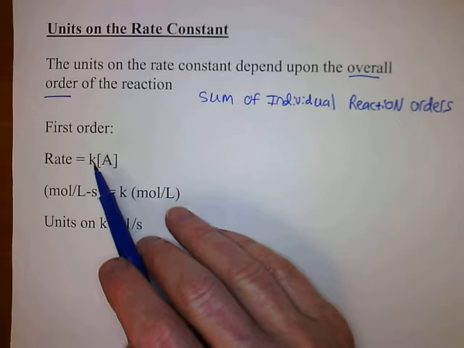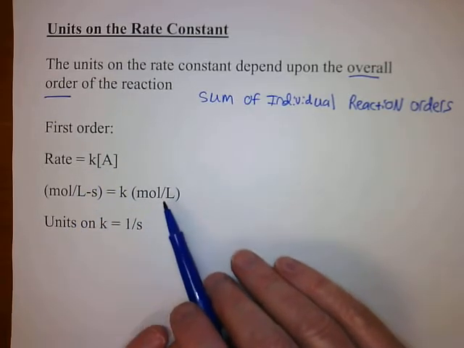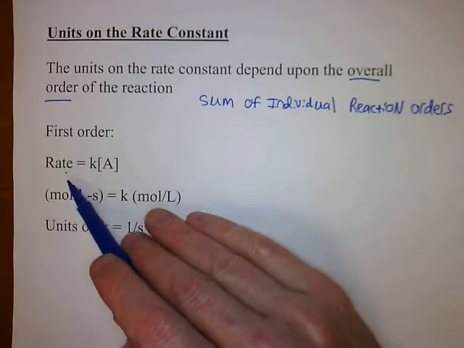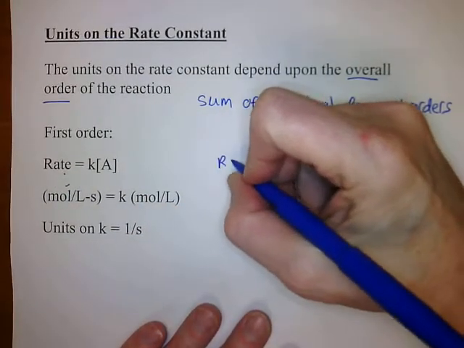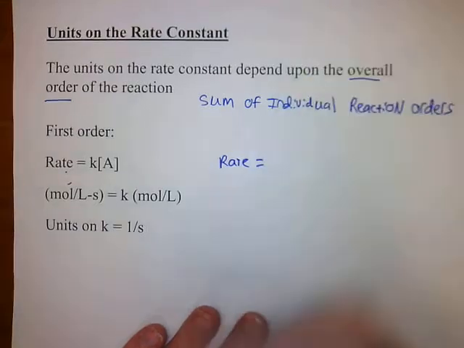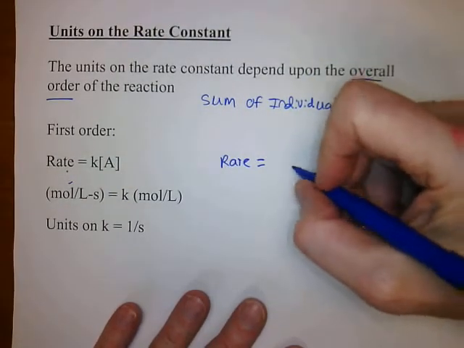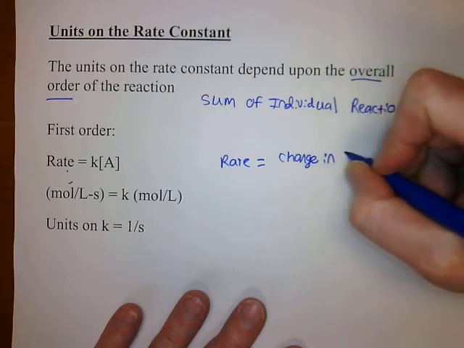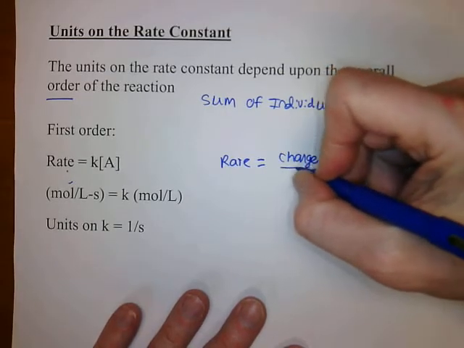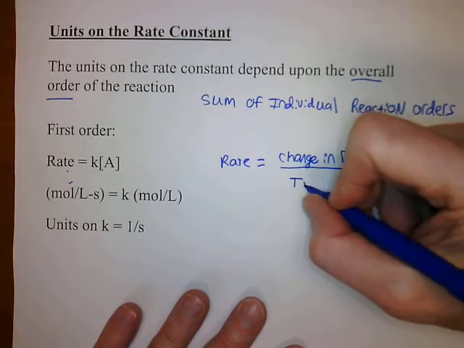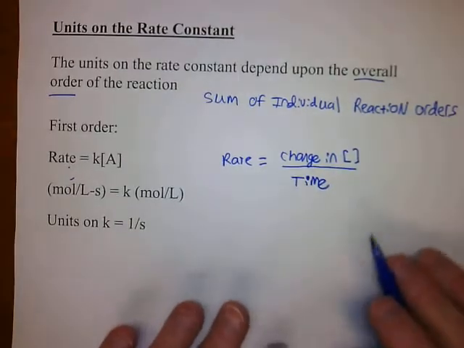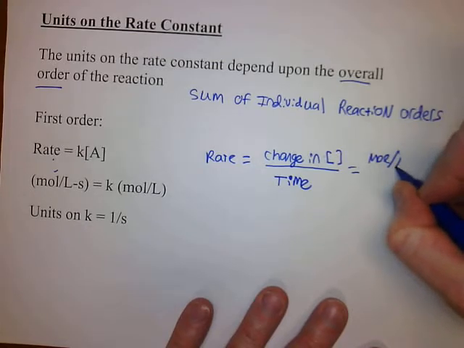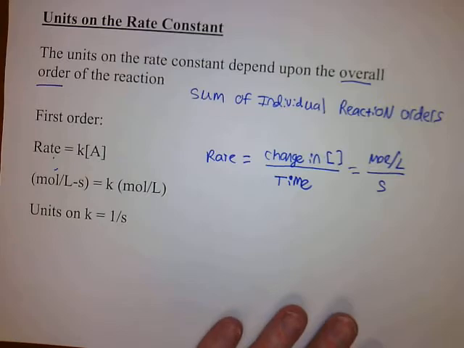So the units on the rate constant are basically whatever it takes to make the units cancel out. So in other words, you express a rate. A rate is a change in concentration over a change in time. Right? So concentration is moles per liter and time is seconds, right?